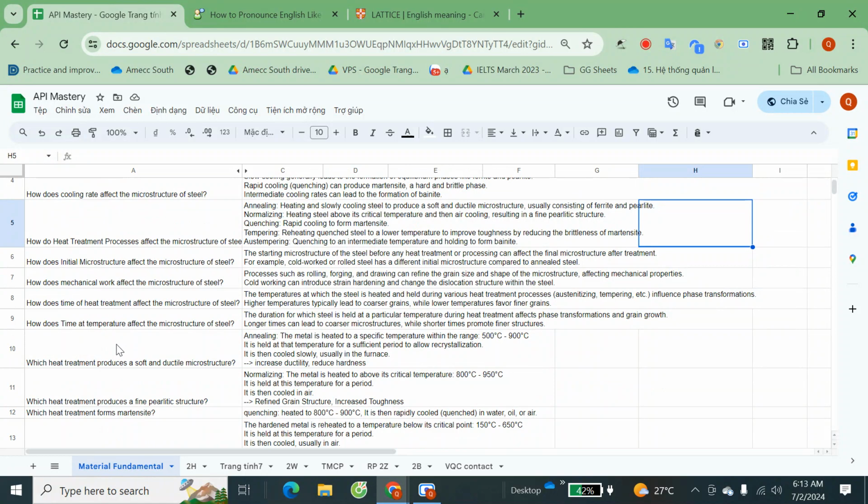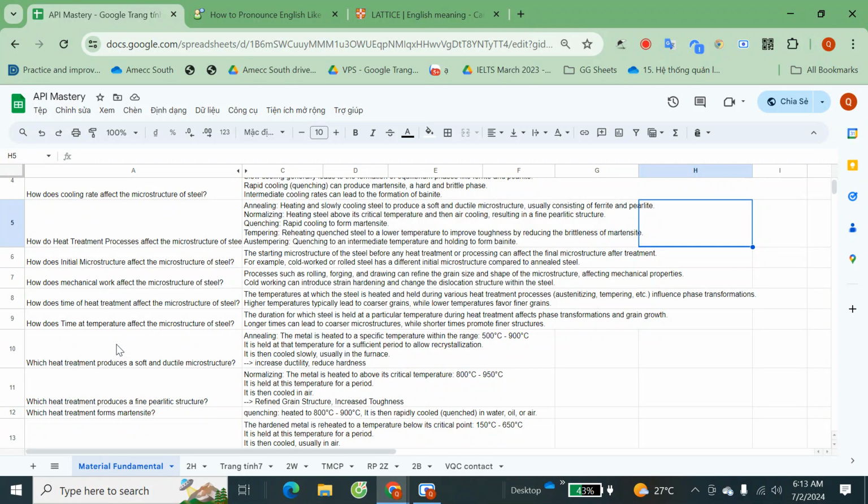Which heat treatment produces a soft and ductile microstructure? Annealing. In annealing, the metal is heated to a specific temperature within a range of 500 to 900 degrees Celsius.